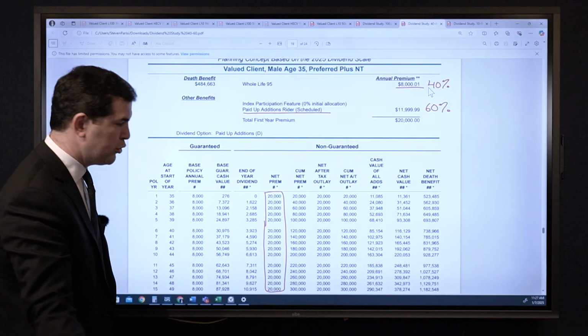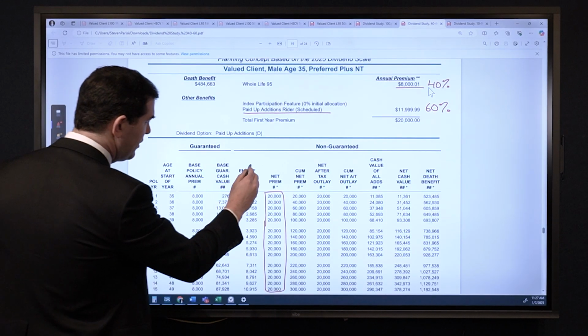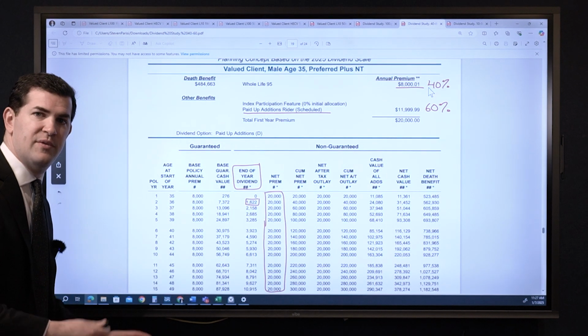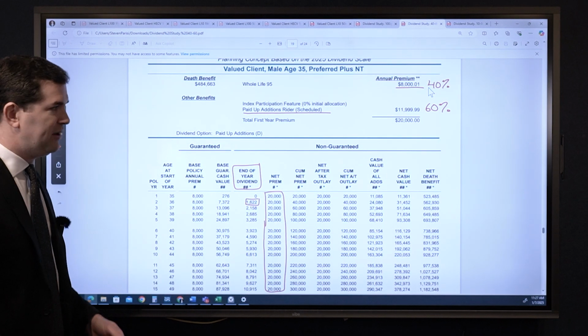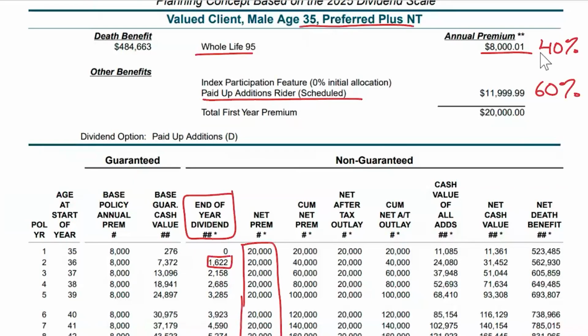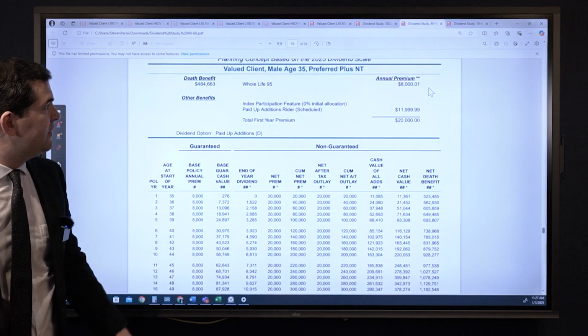And we could go shorter or longer. We picked 15 years because that makes him 50 years old. Here's your dividend column. That's less than the example with the 100% base premium. Same product, same age, same health rating, everything's identical except for the design of the policy. But the dividend is different.